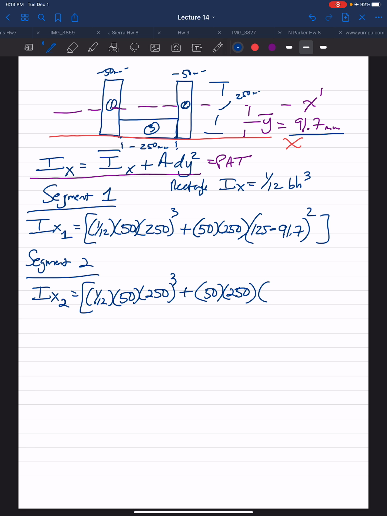For this rectangle, the centroid of segment 2 is half the height, because for a rectangle the centroid is located right in the center. So it'll be 125 minus the location of the x prime axis, which is y bar from the x-axis, 91.7 millimeters, squared. That's your dy.